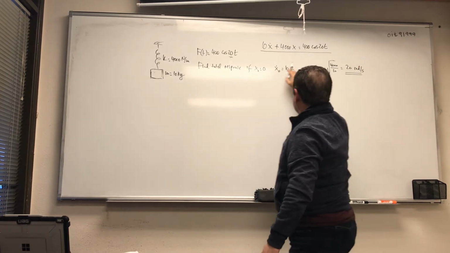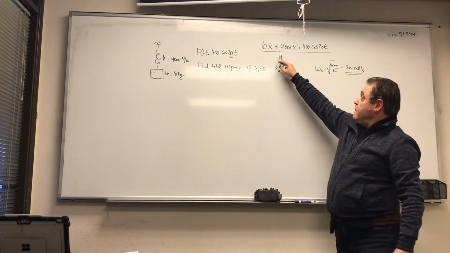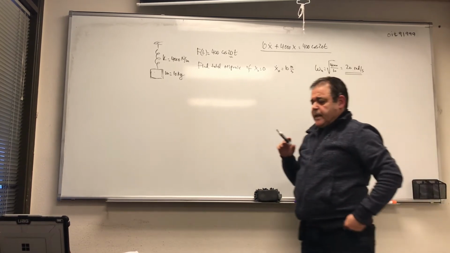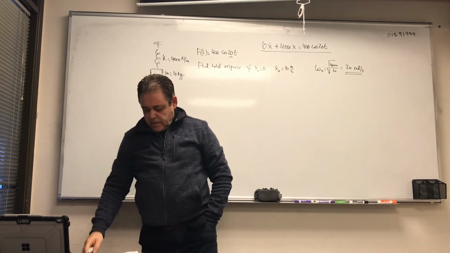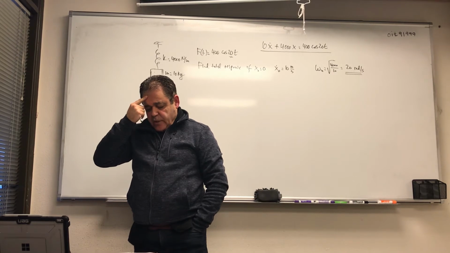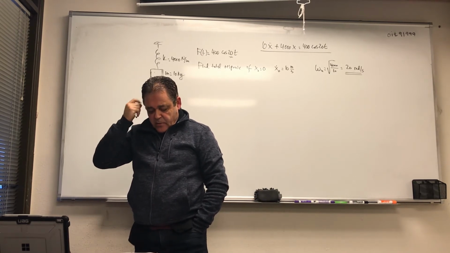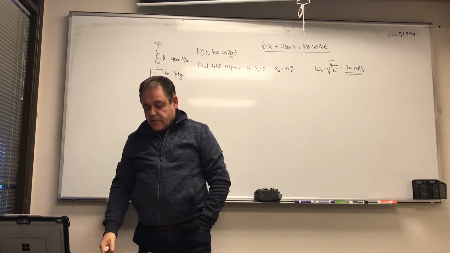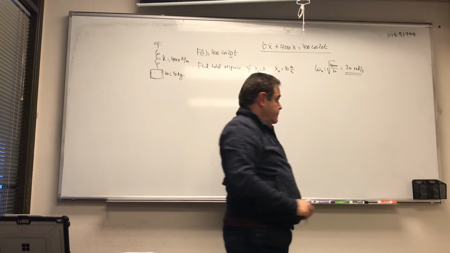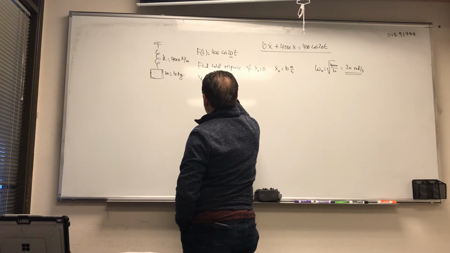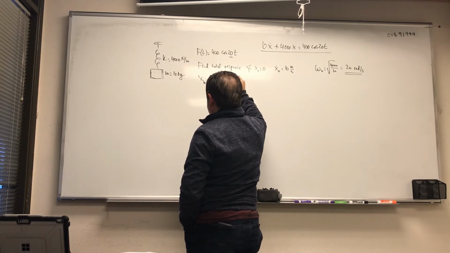Remember, the response is still the response to the homogeneous plus the response to the particular. The response to the homogeneous is C1 cosine omega n t, right? Which is cosine what?